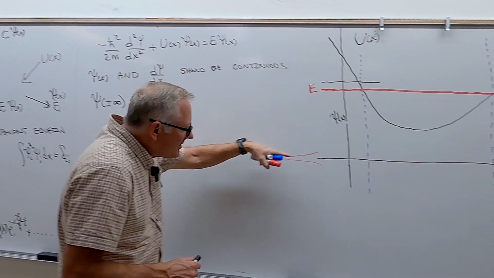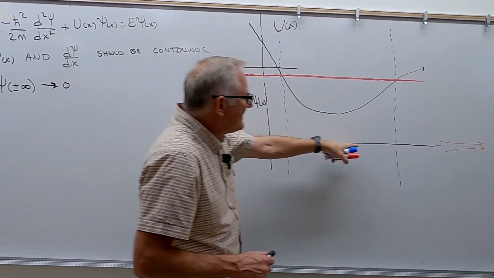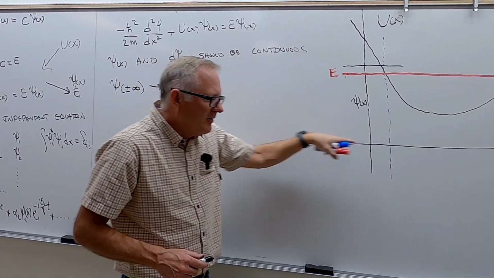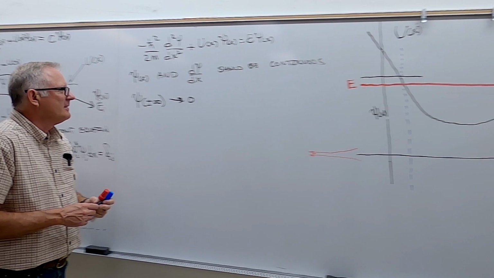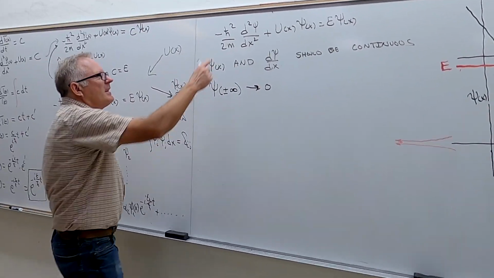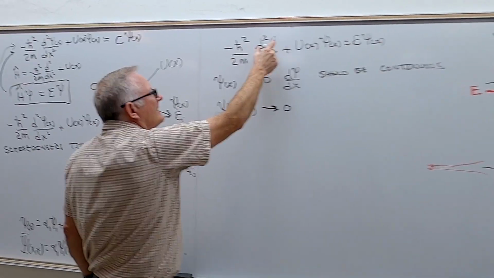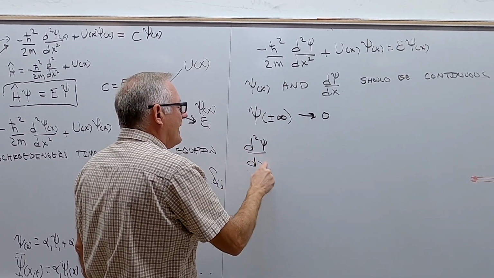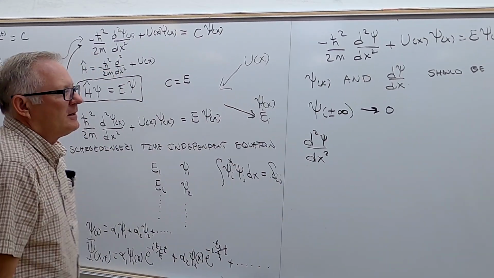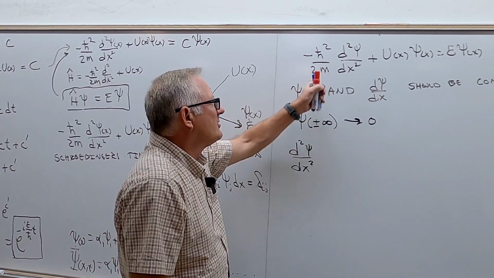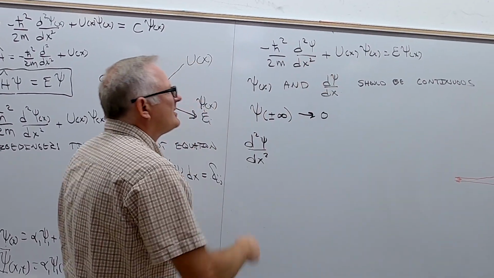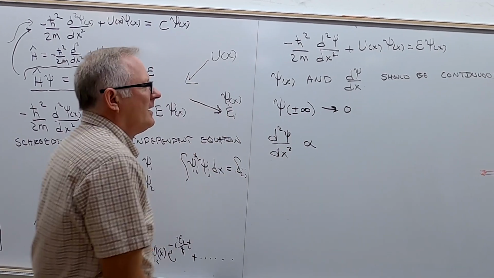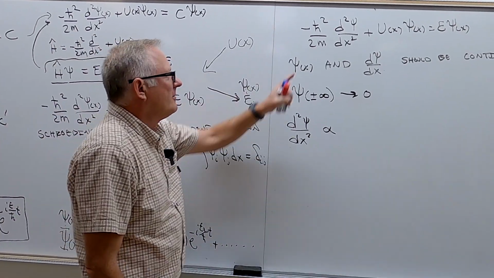Now we know it can't be 0 all the way across, because when you square this, the area has to be 1, and you would have no area if it was just along the x-axis. Well, if we come back up to this thing, and we solve for the second derivative of psi with respect to x squared, instead of putting the h bar squared over 2m, I'm going to throw everything on the other side and say it's proportional. I don't want to lose the minus though.